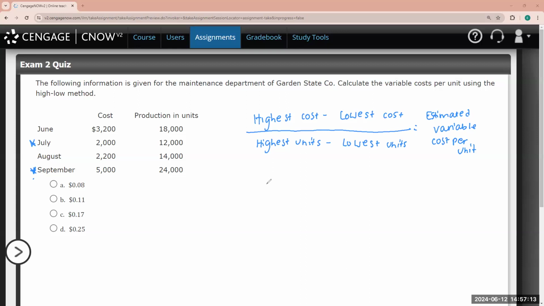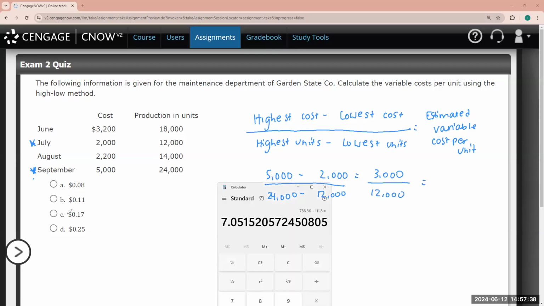So 5,000 minus 2,000 gives us 3,000, divided by 24,000 minus 12,000, which gives us 12,000.